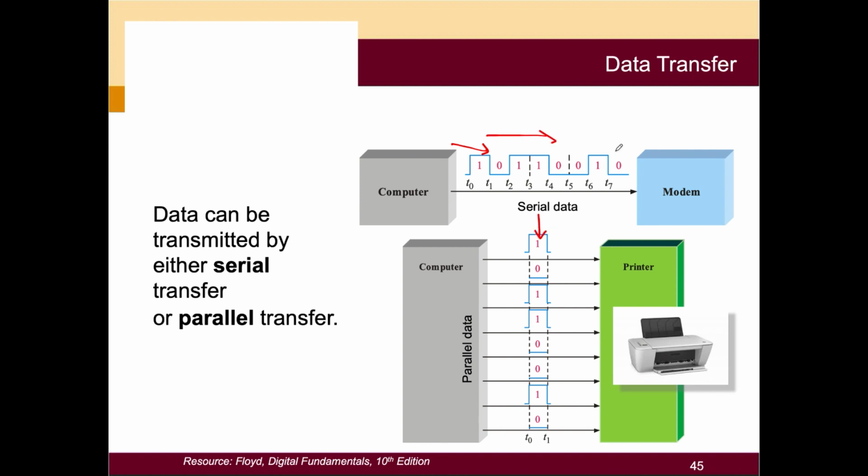In the serial model we receive 0 first, followed by 1, followed by 0, then another 0, then 1, another 1, 0, and 1. So it continuously follows. But for the parallel transfer, you have all the data at one time.